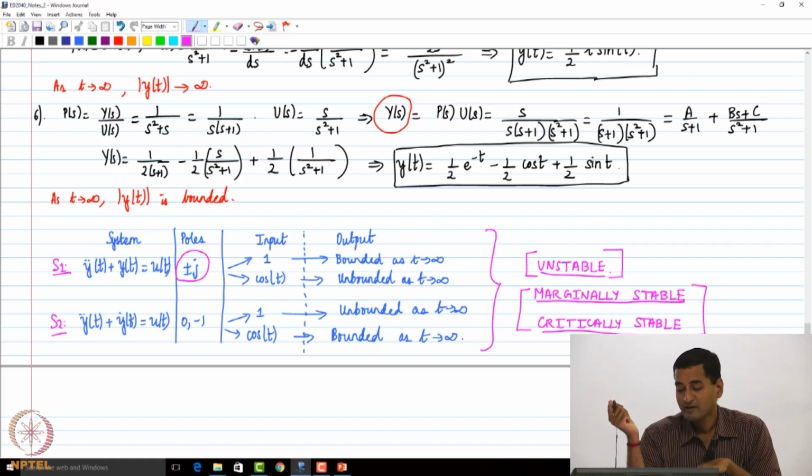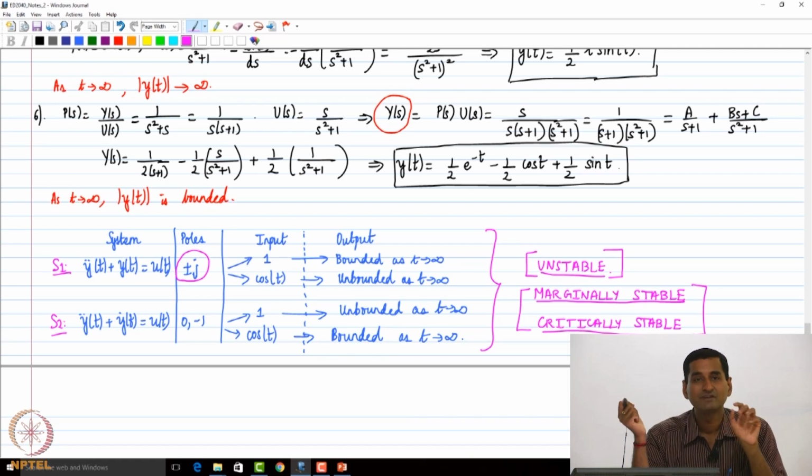bottom line here. Now on the other hand, if you look at system S2, it has a pole at the origin, right? So if you have a non-repeating pole at the origin, you give a step input, the output is unbounded. Okay, but for all other sinusoidal inputs, the output is bounded. Okay, that is the property of S2.